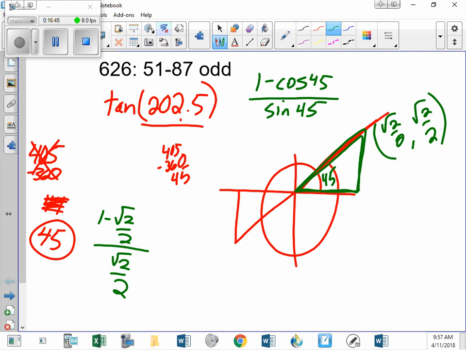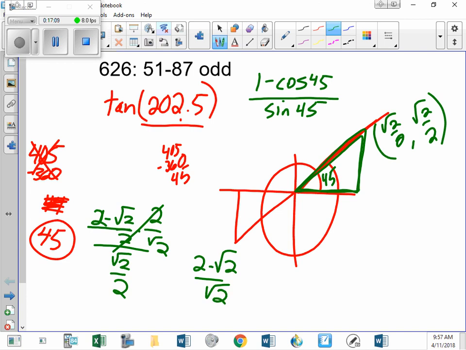What does the top need? 2 over 2. Everybody okay with that? Now I flip and times 2 over root 2. These cancel, and I get 2 minus root 2 over root 2.